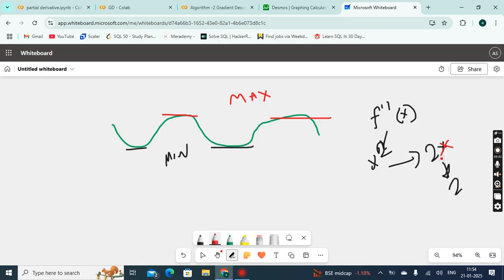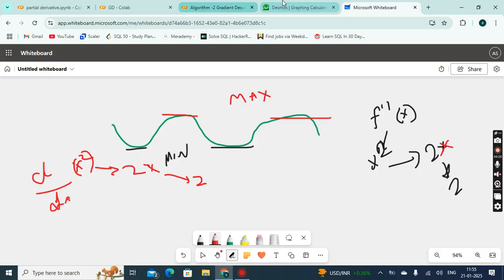So what I did here was d by dx of x square, which is 2x, and we know that the derivative of x with respect to dx is always 1. So when I do the double derivation, it tends to 2.